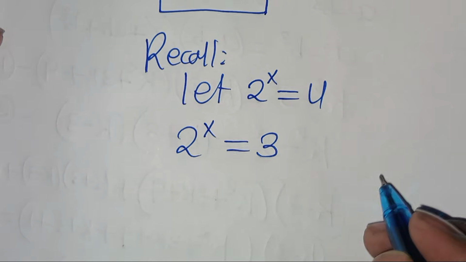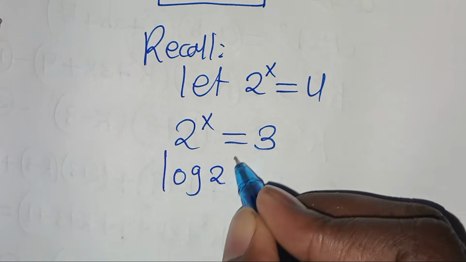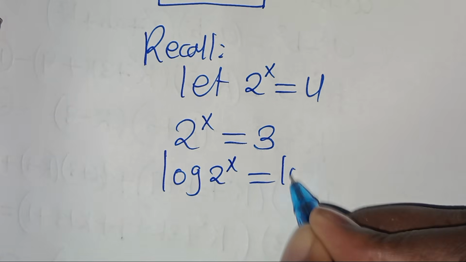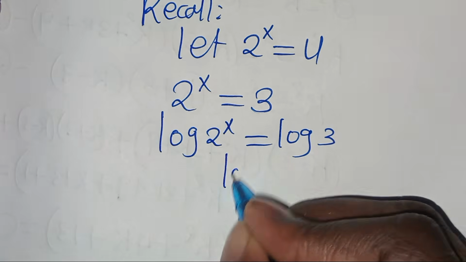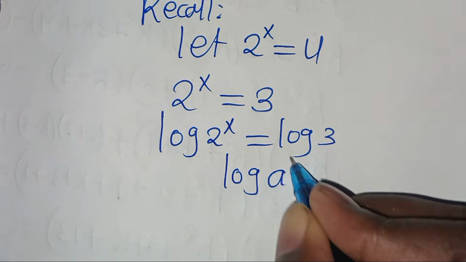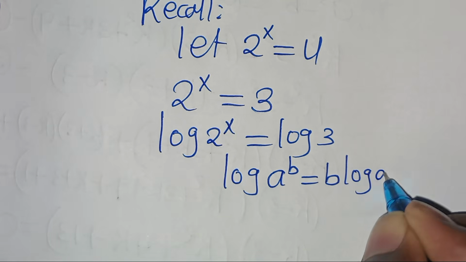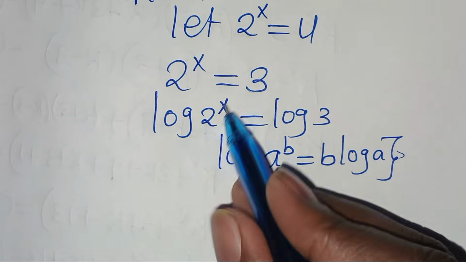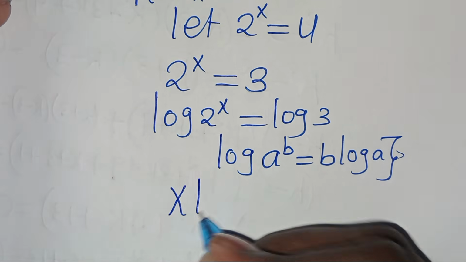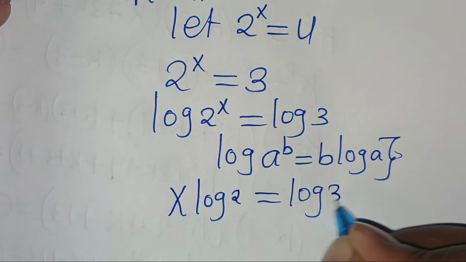To solve for x here, let's introduce logarithms on both sides. We have log 2 to the power of x equal to log 3. Log 2 to the power of x is in the form log a to the power of b, which can be expressed as b log a. Applying this power log property, log 2 to the power of x becomes x log 2. This is equal to log 3.